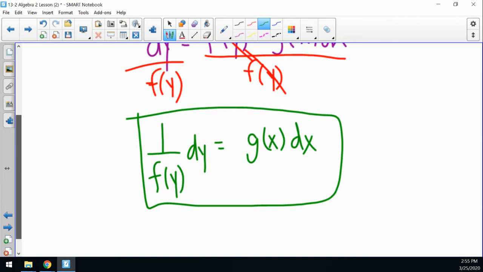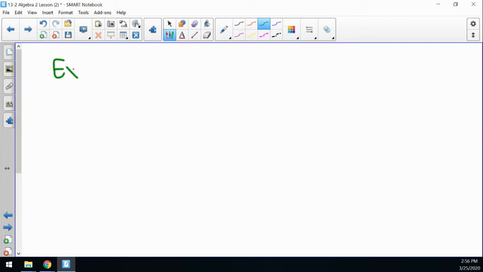So we're going to look at this in the form of an example. Here's our example 1. It says solve for y.